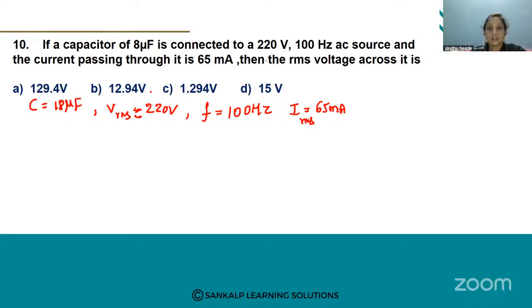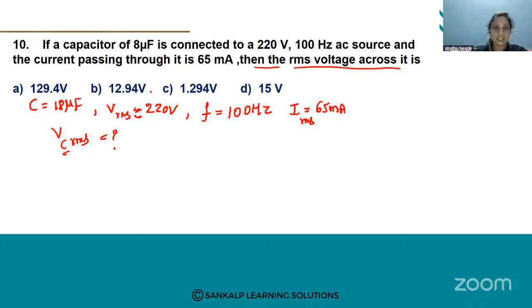Then what is to calculate? RMS voltage across it. Here they ask the question, VRMS across the capacitor. Okay, that is what they have asked. What is the formula to calculate VRMS in capacitors? Capacitors ಅಲ್ಲಿ VRMS ಅನ್ನ ಕ್ಯಾಲ್ಕುಲೇಟ್ ಮಾಡೋ ಫಾರ್ಮುಲಾ ಏನು?